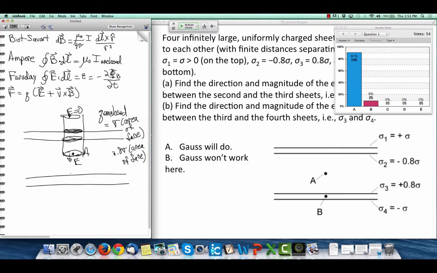So that's one way to get that one. There are other ways of getting these, but anyway, you'll find a net downward electric field in the center, and at point B you'll find an even bigger downward electric field, because at point B there's no effect from these inner sheets.